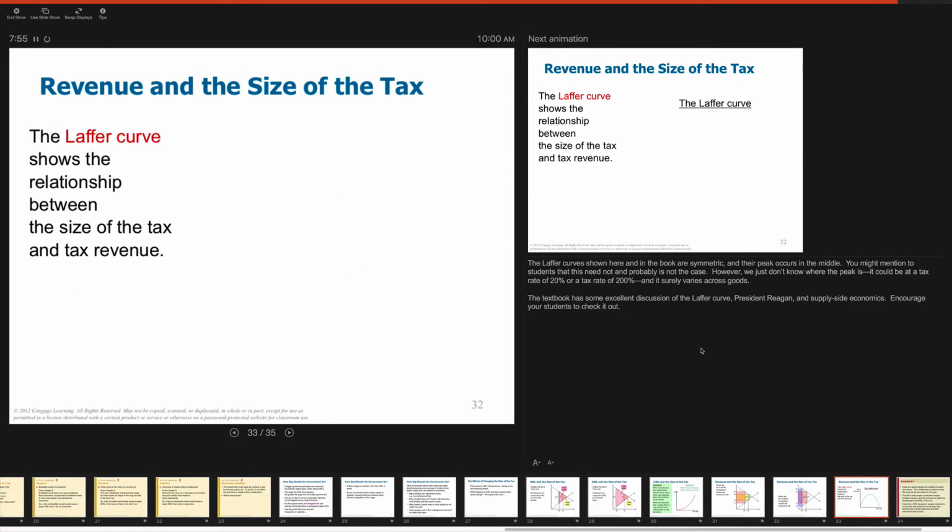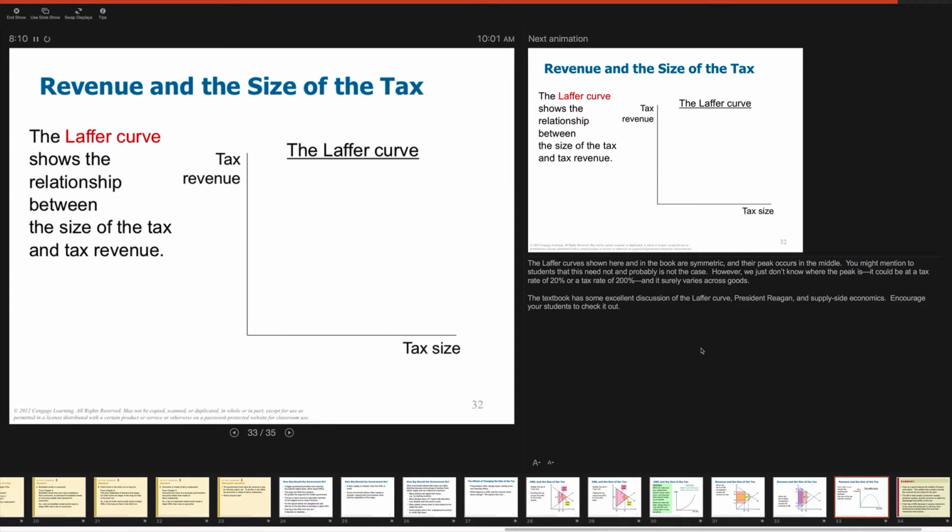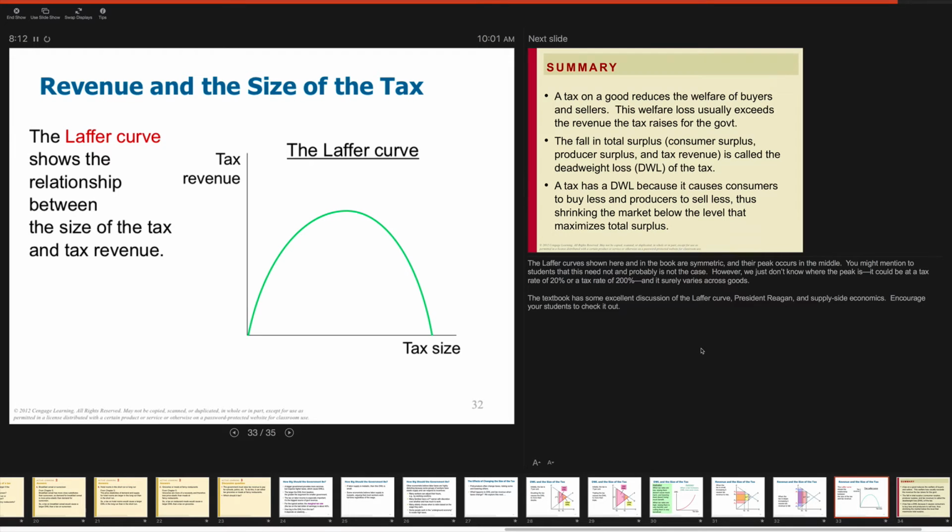So our friend Laffer came up with this curve to show us the relationship between the size of the tax and the tax revenue we're going to get. Unfortunately, it's not as funny as the name implies. Sean informs me that this is a parabola.